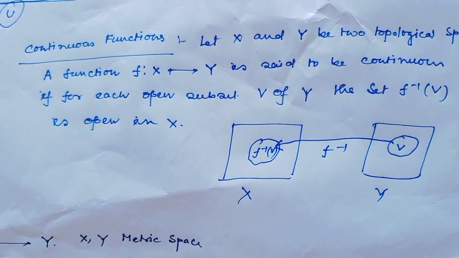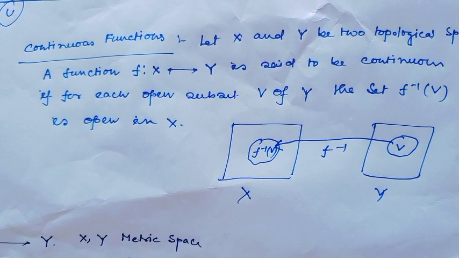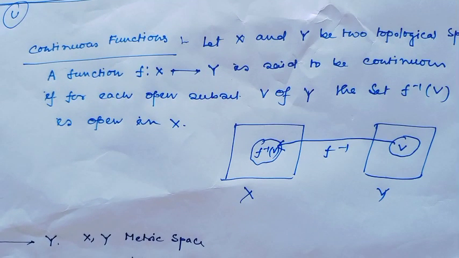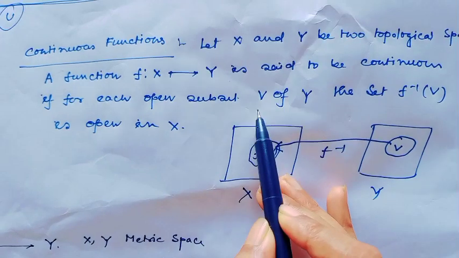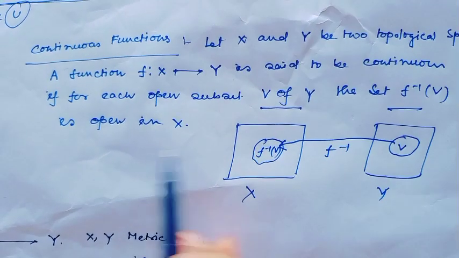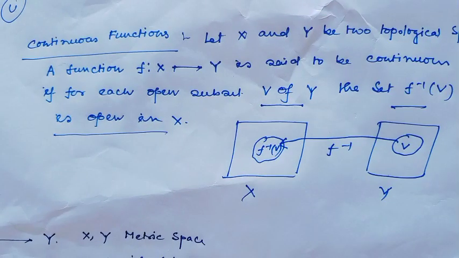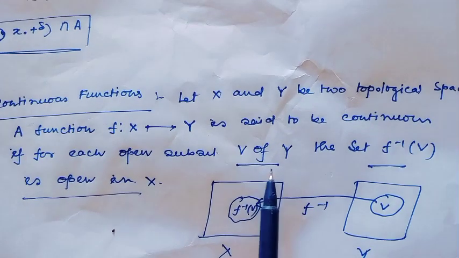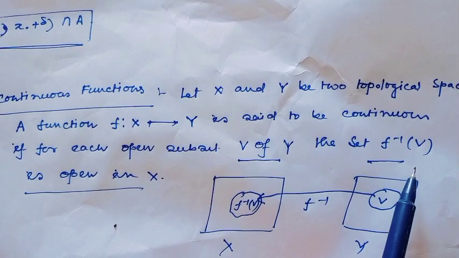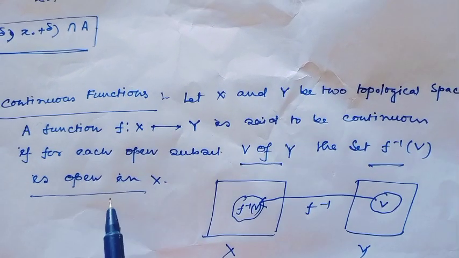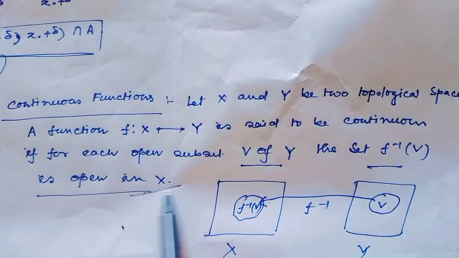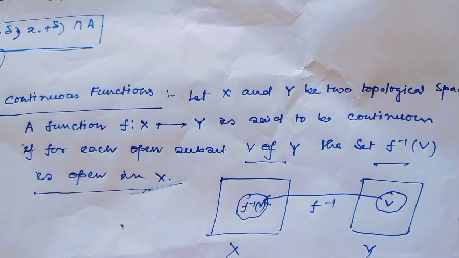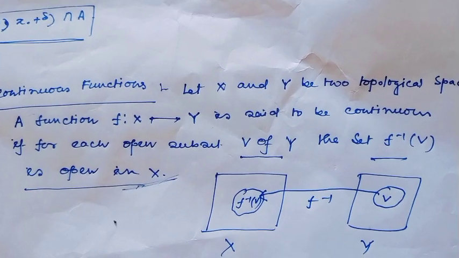A function f from X to Y is said to be continuous if for each open set V of Y, the set f inverse V is open in X. Similarly, for each closed set V of Y, the set f inverse V is also closed in X. This is the definition of continuity in topological space.